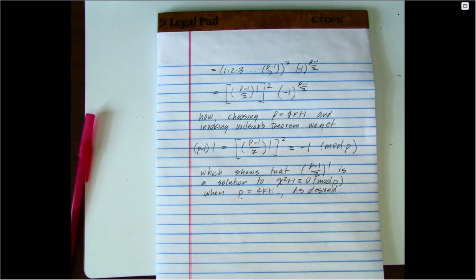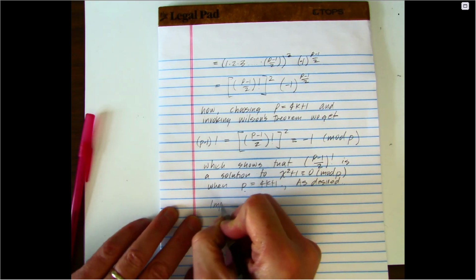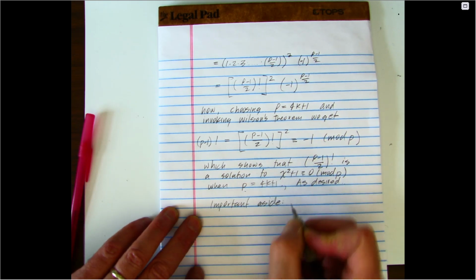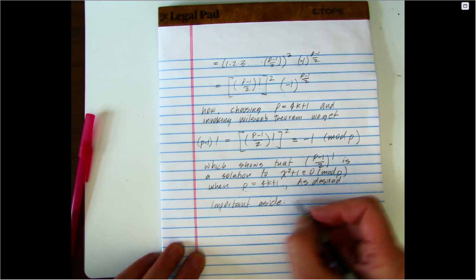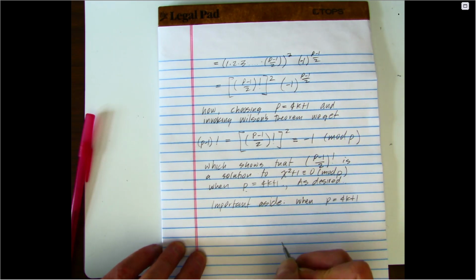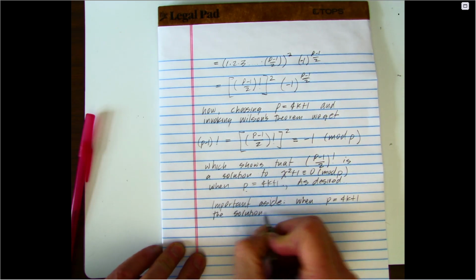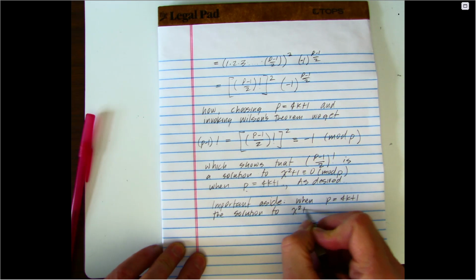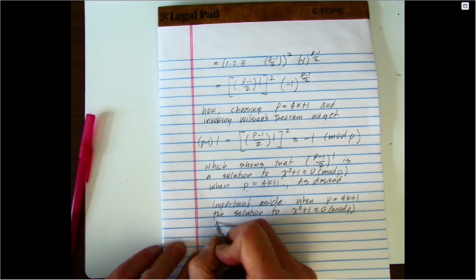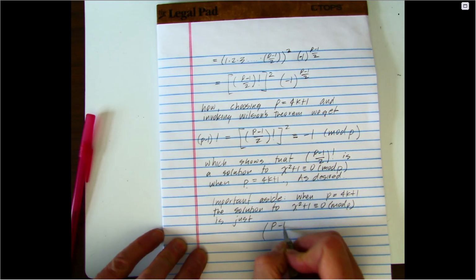One important aside is that when p is equal to 4k plus 1, the solution to x squared plus 1 congruent to 0 mod p is just this number right here, p minus 1 over 2 factorial.